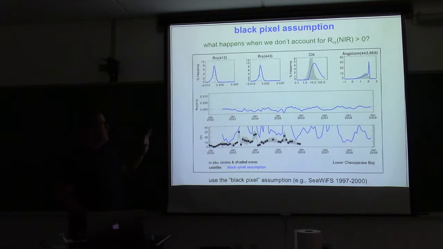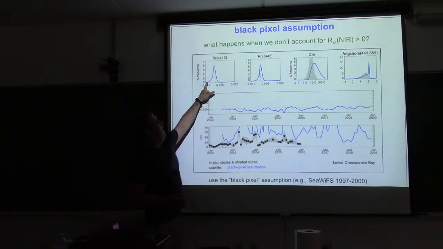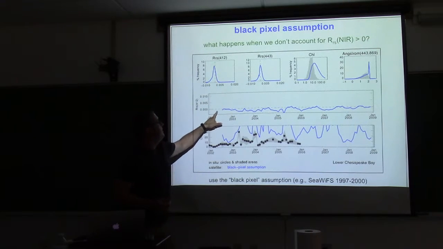So what you're looking at here is that in a body of water where the signal in the near infrared really isn't zero, but you assume it is in processing, the end result is values that fall below zero. This vertical line shows you where zero is. You can see that again here.